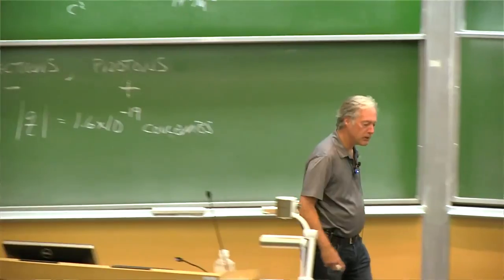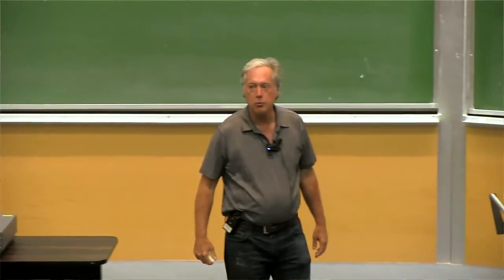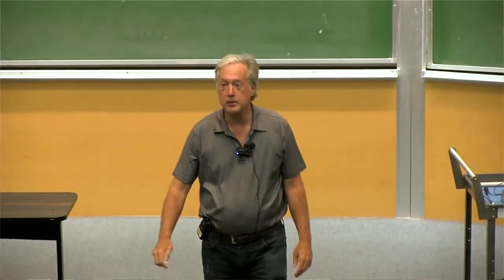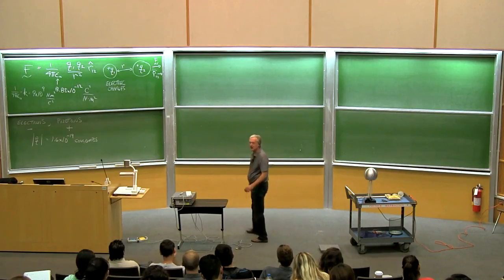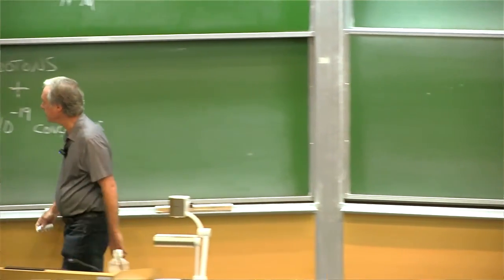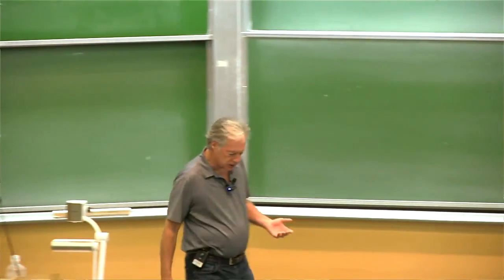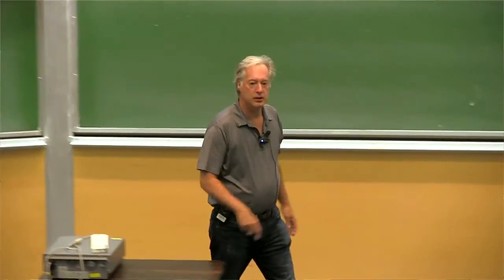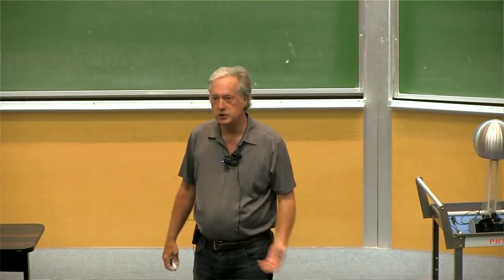Okay, so we have these quantized. That comes back to be very interesting when you start actually doing the calculations of small things using quantum mechanics. So you're going to get lucky here. We're not going to do that. On the other hand, it's very exciting to deal with that. So we're going to deal oftentimes with the amounts of charges. Suppose we had a mole of charges, 6.02 times 10 to the 23rd charges.